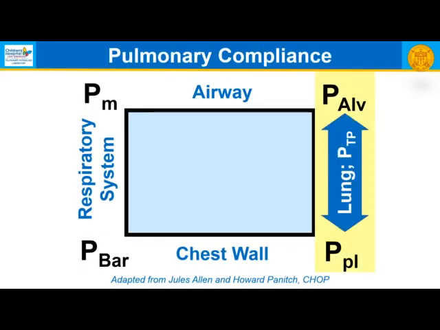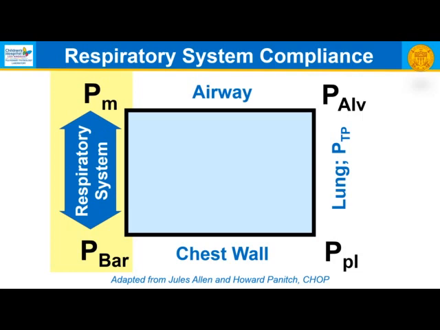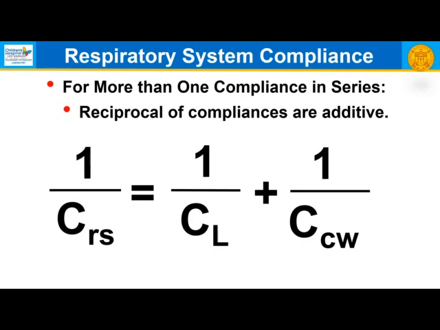So if we want to measure lung compliance, it's going to be alveolar minus pleural. Chest wall compliance, barometric minus pleural, because what's between these is the chest wall. And respiratory system, as mentioned, as in the ICU. For more than one compliance in series, that's one after the other.